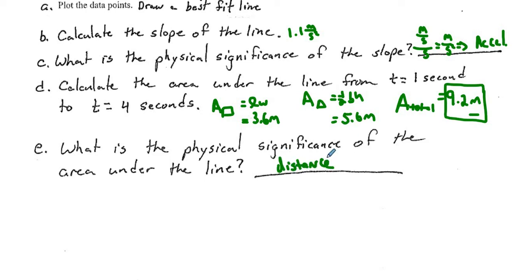If this were velocity versus time, then the area would represent the displacement. The difference between these two is that displacement is a vector, your change in position, and distance is the scalar, which is simply how far you have traveled.